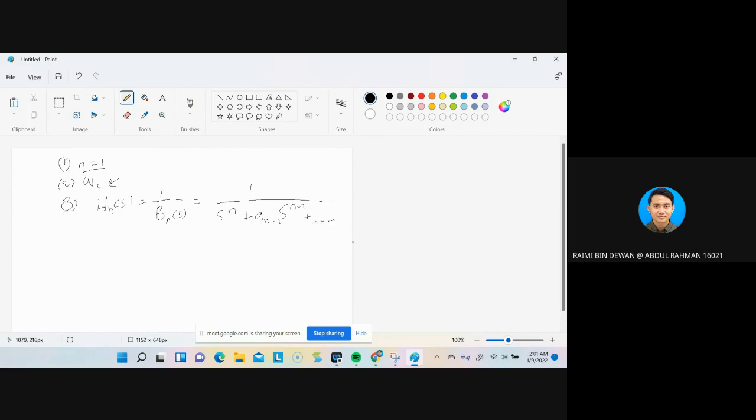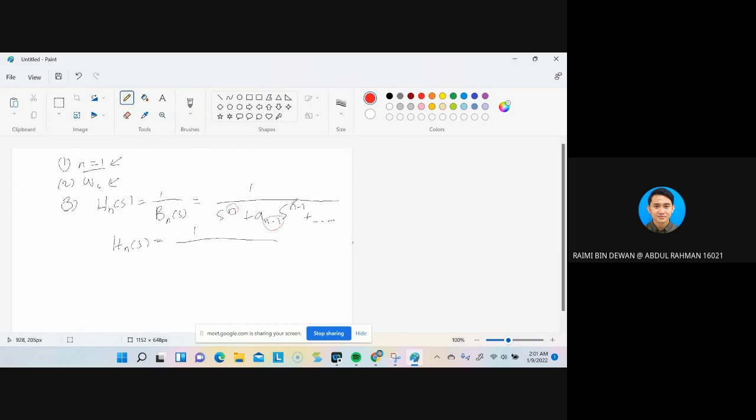Because the filter order is 1, the normalized transfer function is 1 over, you will replace here.